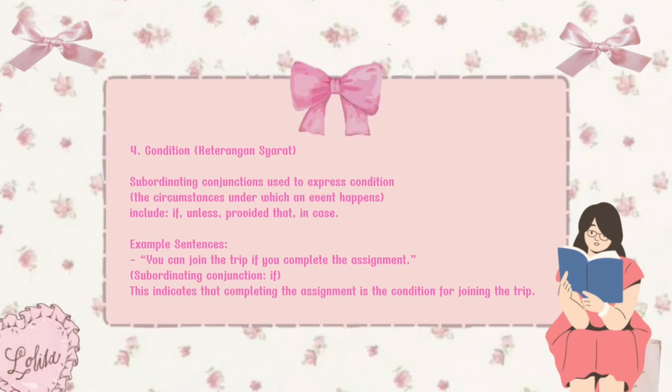The adverb clause answers the question under what conditions or what is required for this to happen. For example, you can join the trip if you complete the assignment. The subordinating conjunction used is if. This indicates that completing the assignment is the condition for joining the trip.